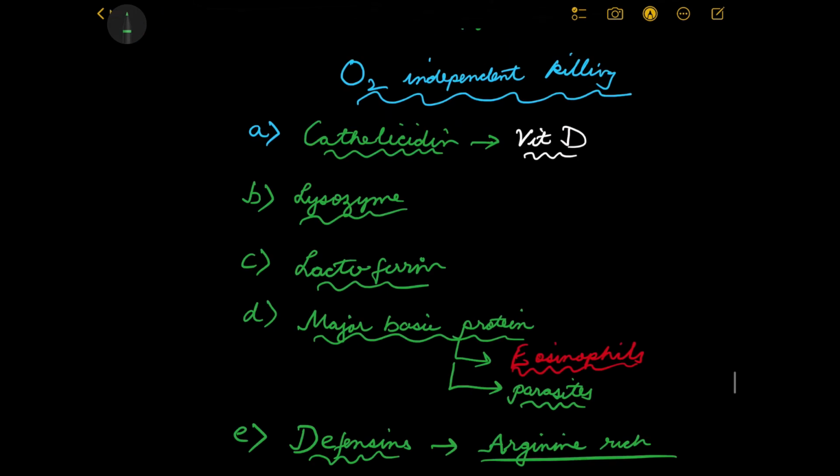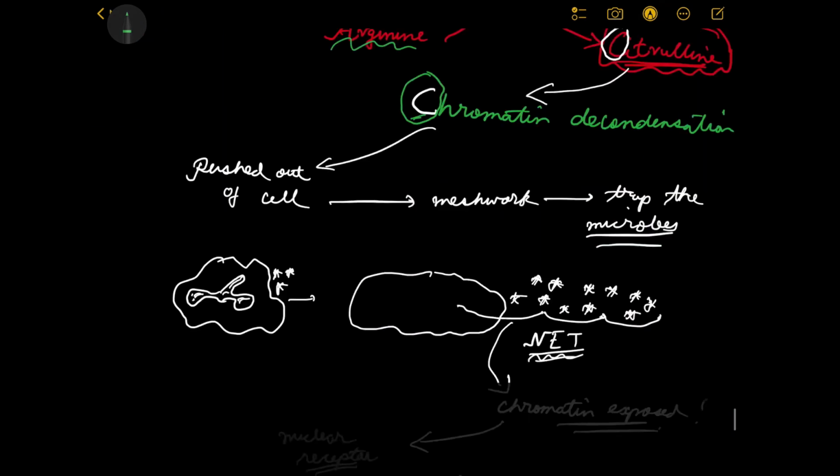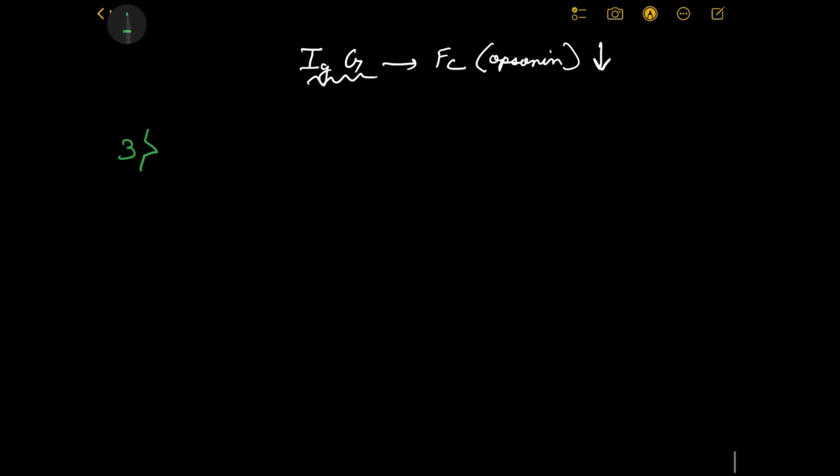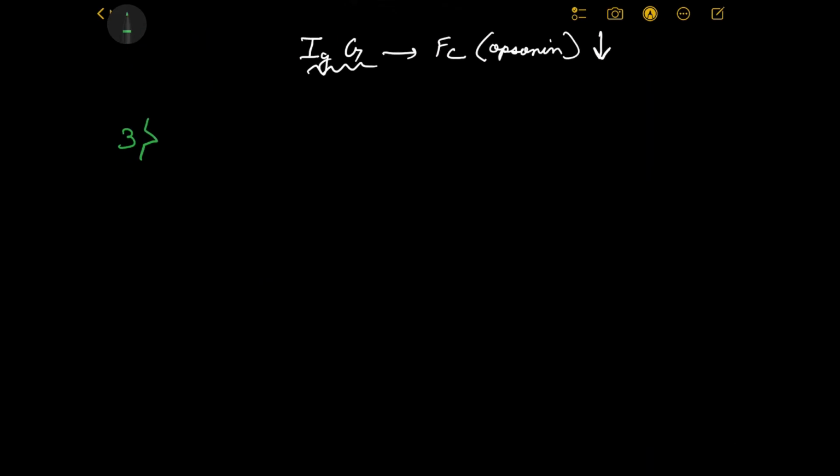But if there is a defect in this LYST protein, there is a very characteristic and very famous disease, or rather syndrome because obviously it is genetic, and that is something that we call Chediak-Higashi Syndrome.